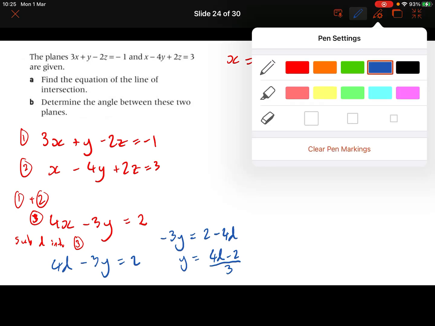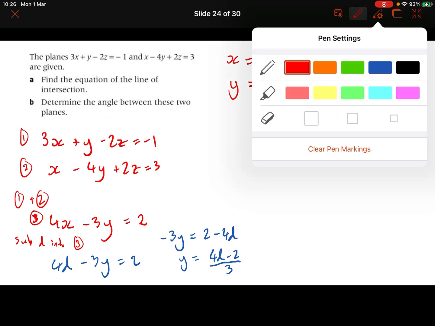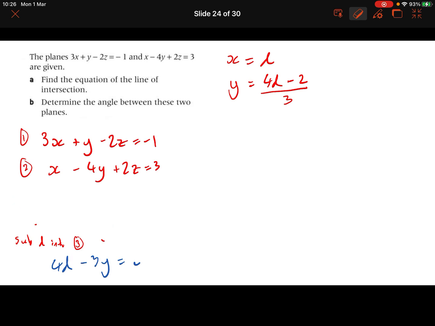So here we go, we've got another equation. y is equal to (4 lambda minus 2) over 3. Now I need to go again. This time I'm going to try and eliminate y's, not z's.